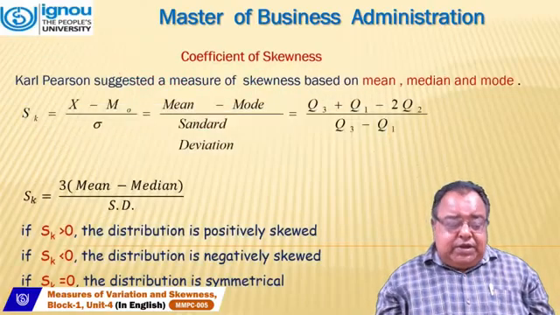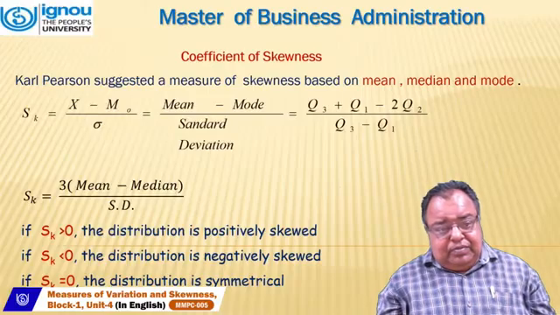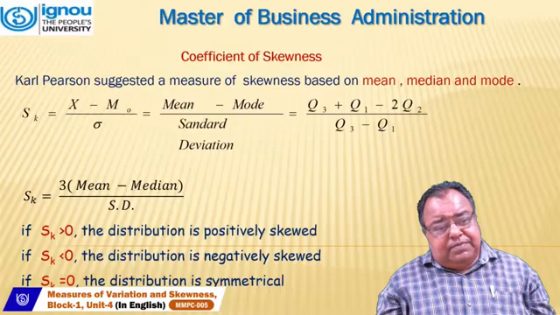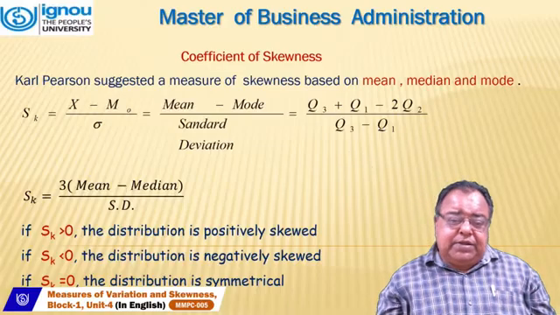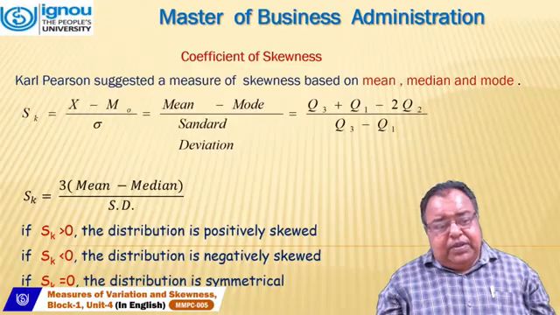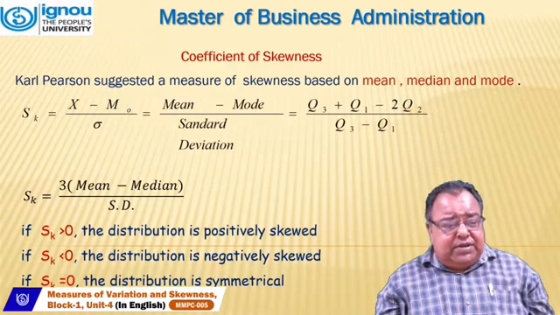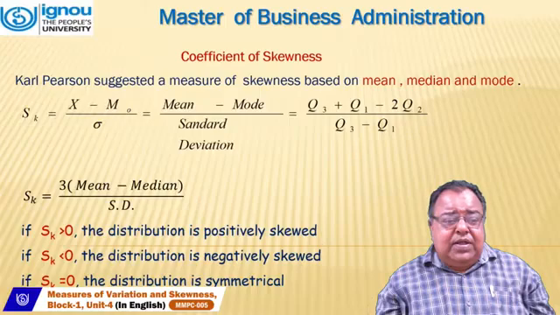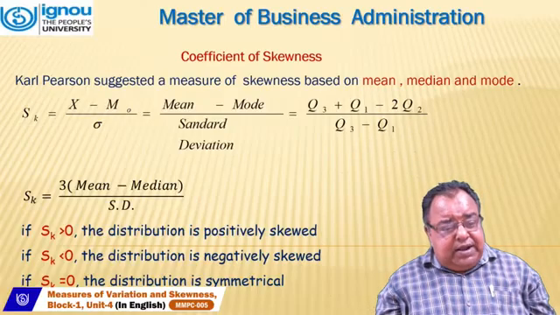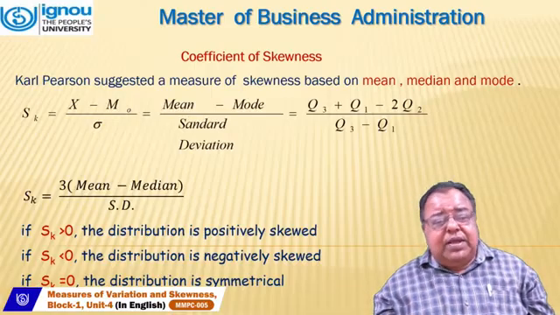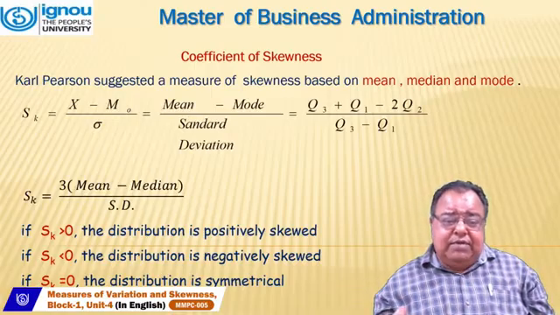Now, what is the coefficient of skewness? This was proposed by Karl Pearson, and it is based on mean, median. The coefficient of skewness is denoted by Sk, which is equal to mean minus mode upon standard deviation.